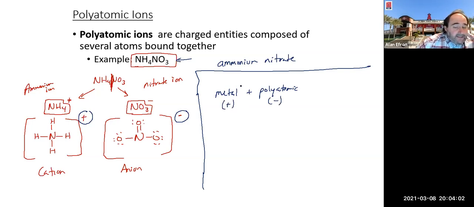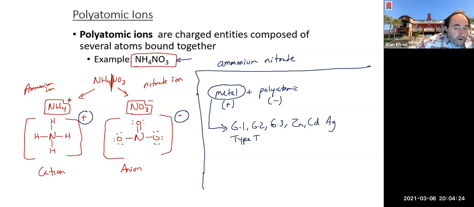And what that means is that whenever that metal is involved, it's always the most important thing. Just like we did when a metal and a nonmetal are together, if the metal is group 1, group 2, group 3, or if it's zinc, cadmium, or silver, it is named just like a type 1 metal, which means we don't use a Roman numeral.